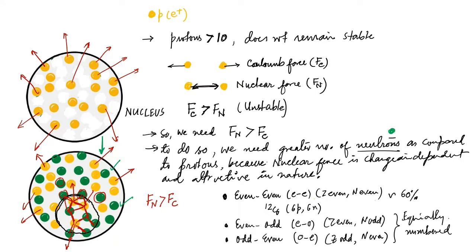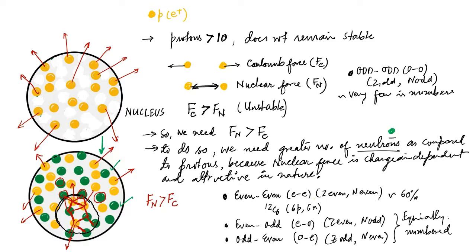And then we are left with the last one, odd-odd, OO, in which Z is odd and N is odd. These are very few in number.